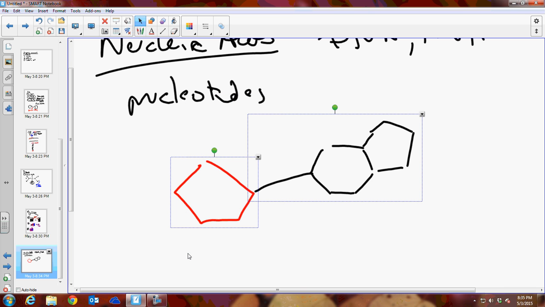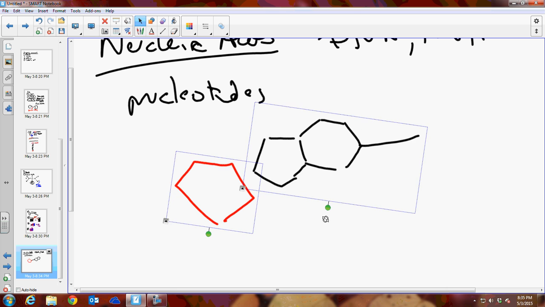The ones that have one ring are called purines. This is adenine and guanine, and the ones that have two rings are pyrimidines, cytosine, thymine, and then in the case of RNA, uracil.